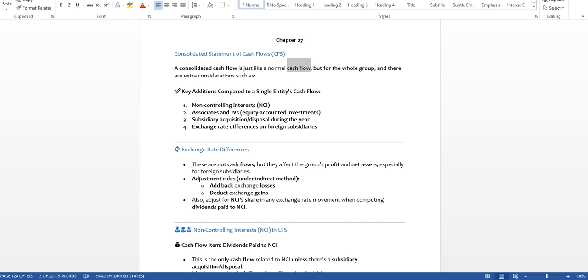The only thing in your current asset and your current liability that will not form part of your operating activity is your cash in hand, cash at bank, and bank overdraft. Why? Because they are physical cash, and we have a column for them already. We have them as cash and cash equivalent.